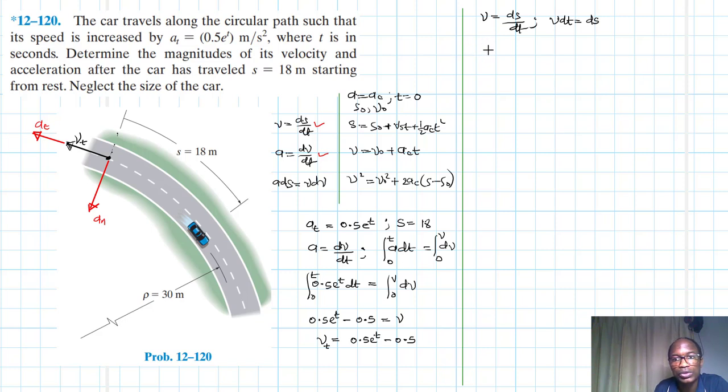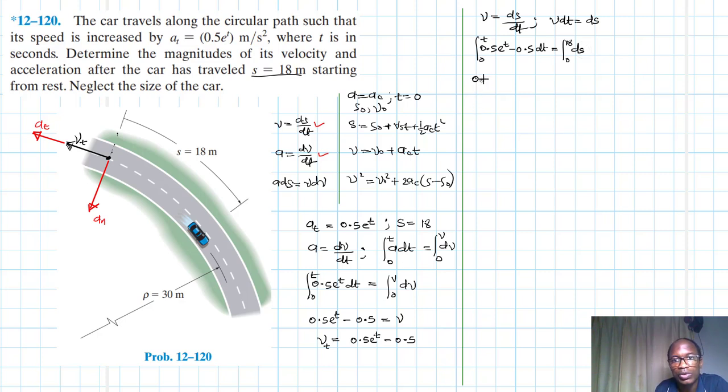Replacing this, we have 0.5 e to the t minus 0.5, dt, integrating from 0 to t, equal to the integral from 0 to s, where s is 18, of ds.